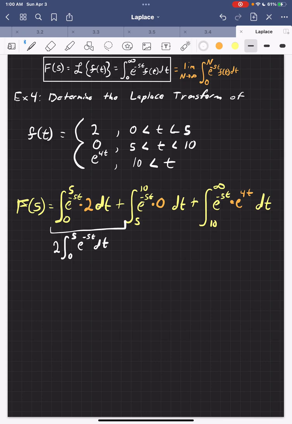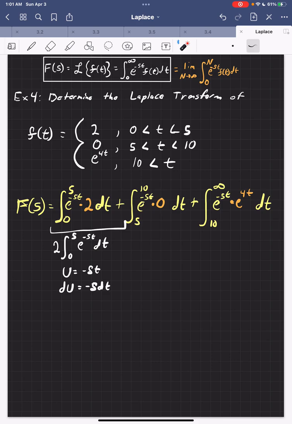Then you can integrate that by just letting u be defined as negative st. We've already talked about this. du would just be negative s dt. Just remember that I would have to multiply and divide by that negative s.